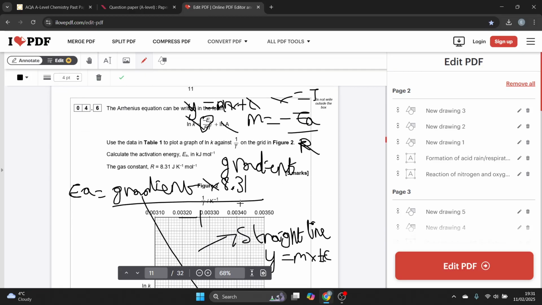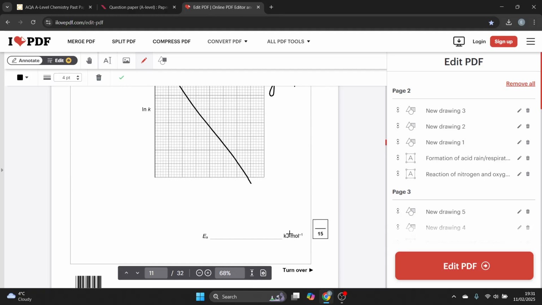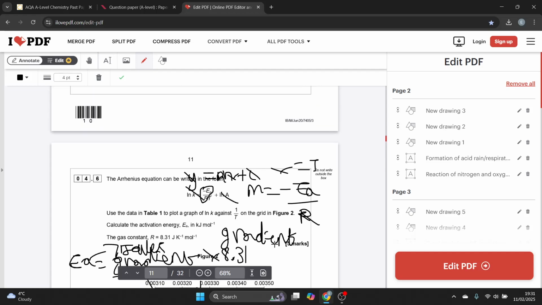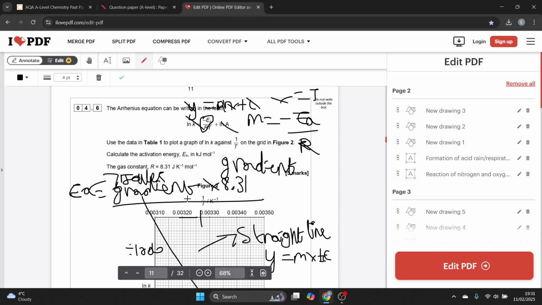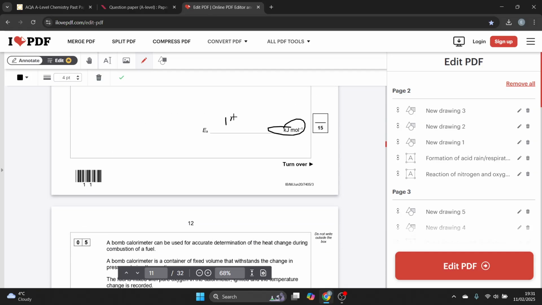And then also divide by 1000 later on, because Ea is measured in joules and it wants it in kilojoules per mole to the power minus 1. You get rid of the negative, and therefore Ea is 109 kilojoules per mole to the power minus 1.